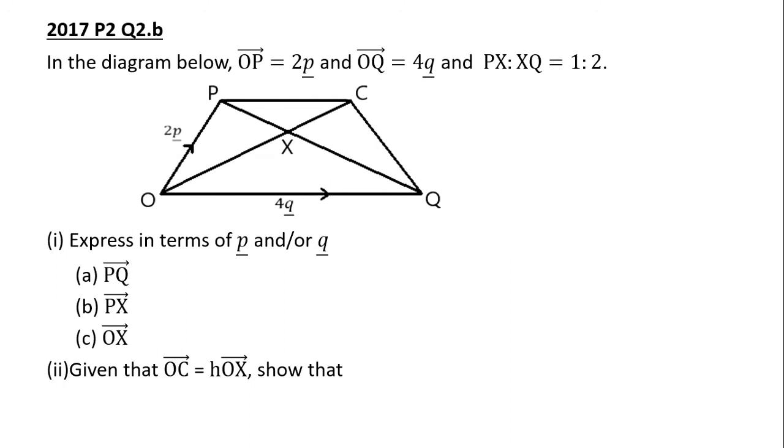Given that vector OC equals h times vector OX, show that vector CQ equals 4, open your bracket, 1 minus h over 3, close your bracket, Q, minus 4h over 3 P. So we'll take it step by step.